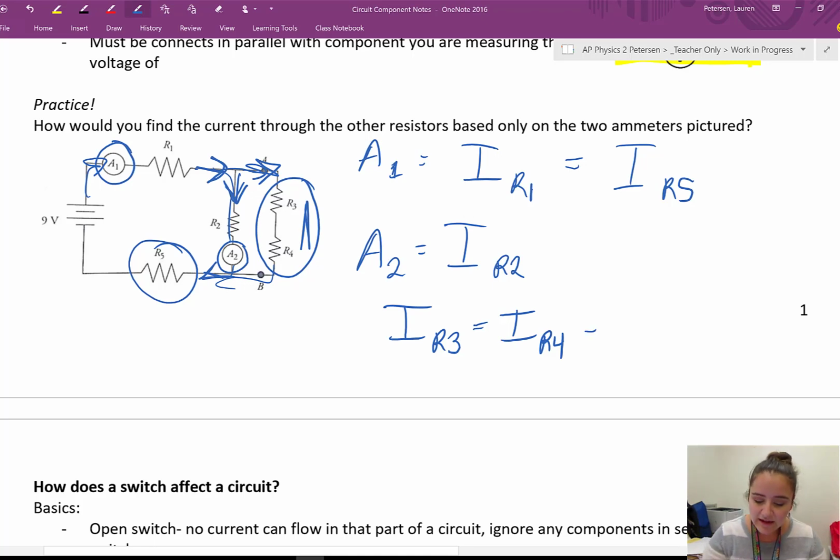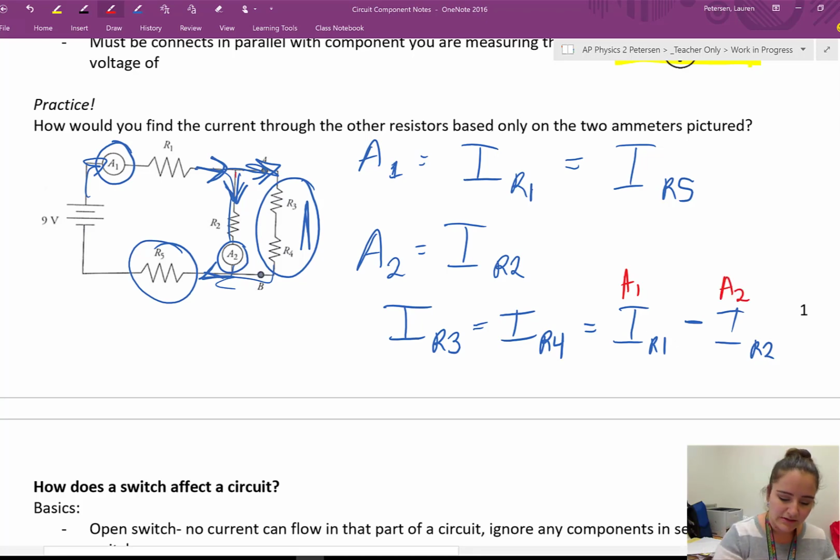And that is going to equal the current flowing through R1, which we measured using A1, minus the current going through R2, which we measured using A2, because the current that doesn't go through that path must go through the other path. Okay, cool?